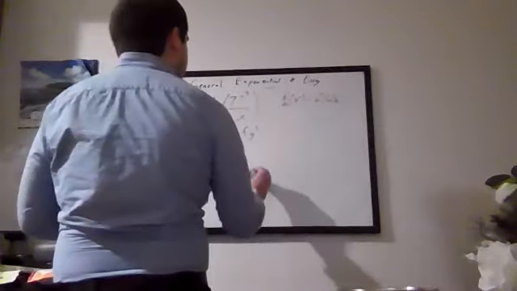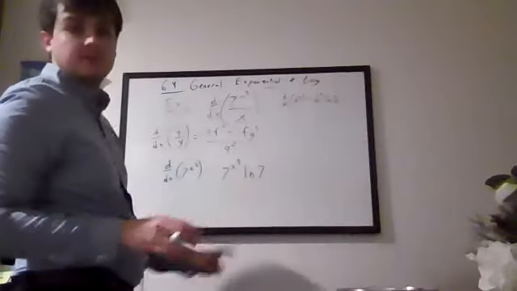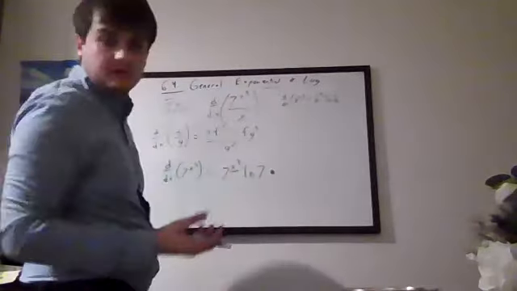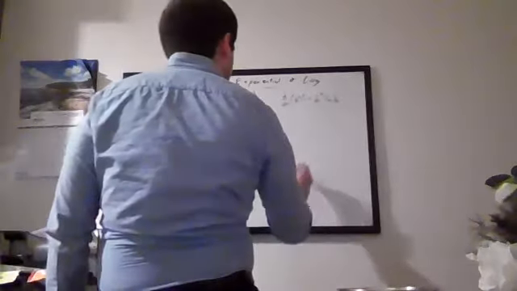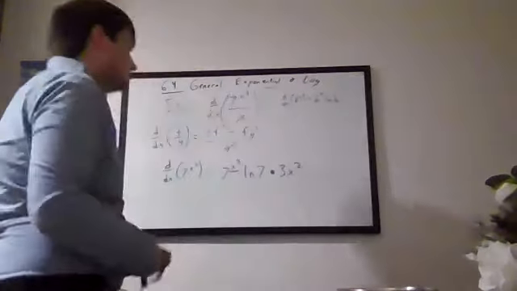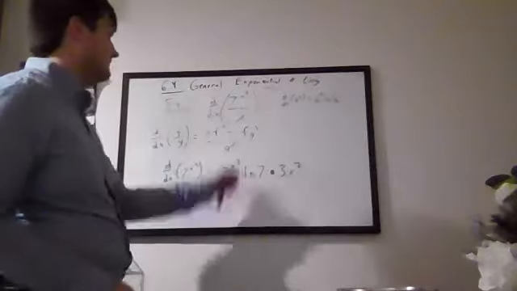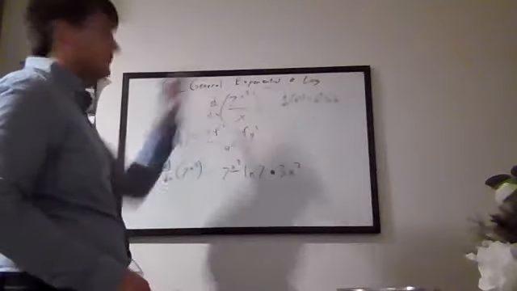This is kind of our x in this case, times the natural log of 7. So just directly applying this rule, I get 7x to the third times the natural log of 7. But then I have to multiply on the end by the derivative of the exponent here, which is 3x squared. So this will be the derivative of my numerator.